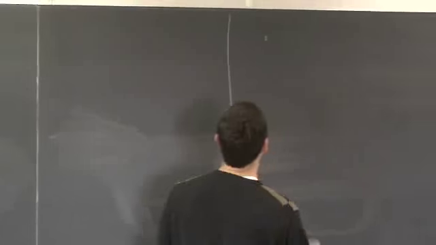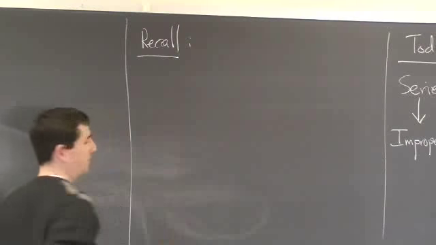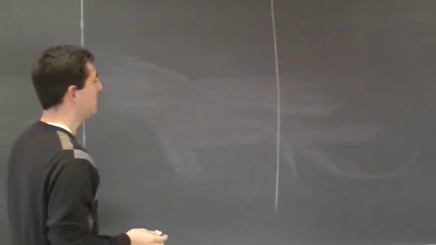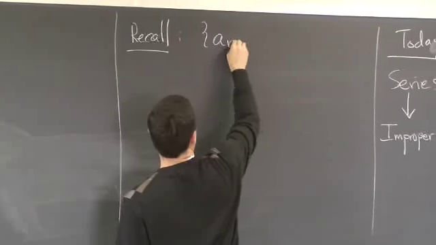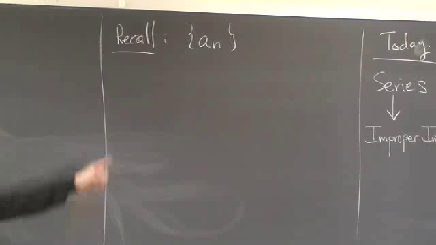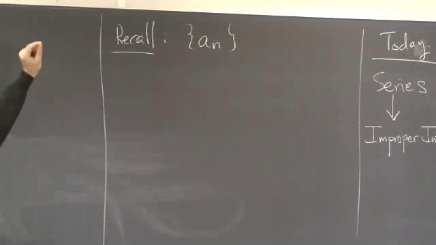Okay, so let's recall a few things. It's like when you turn on one of your favorite TV shows and they have the recap, what's happened the last 6 episodes. All right, so recall that last week we talked about sequences like this. If you started with a sequence, there were 2 very interesting things that we could talk about.